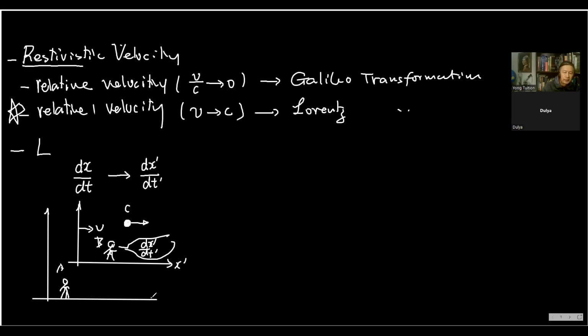For the observer in a different frame, he would measure the velocity of this particle C as dx over dt. So it's not straightforward in relativity, okay?